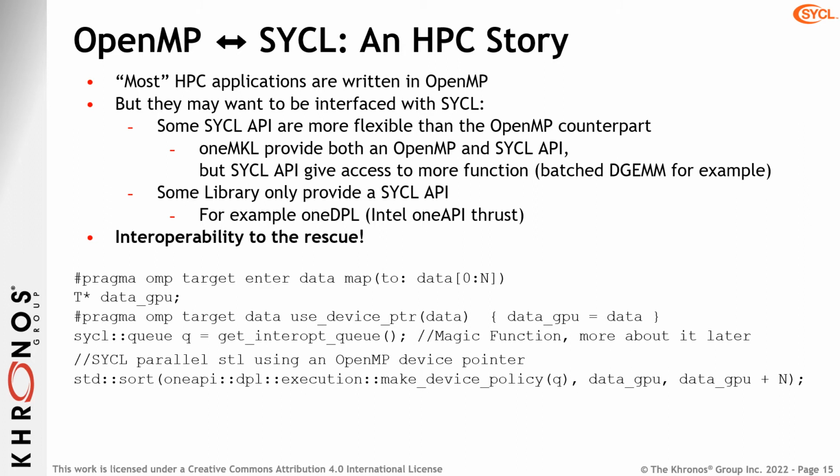Then I create an interop queue. I will discuss more about this function in the next slide. And then at the end, you see we can use std sort with the parallel executor using the SYCL queue and data which was allocated using the OpenMP runtime.